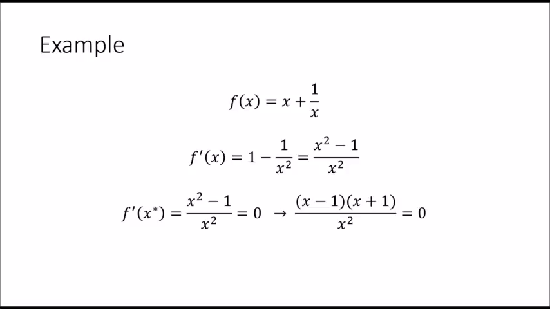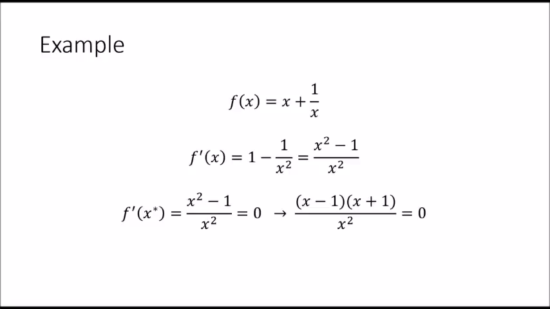As I'm looking for a critical point, which from here on out I'll refer to as x star, I'm going to set this derivative equal to 0. What's nice about writing it over a common denominator is that it lets me factor the polynomial in the numerator, and then I can ask myself, where is the numerator 0?